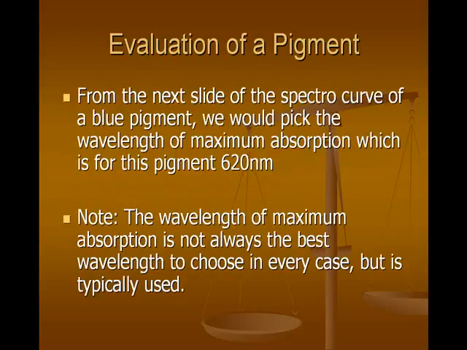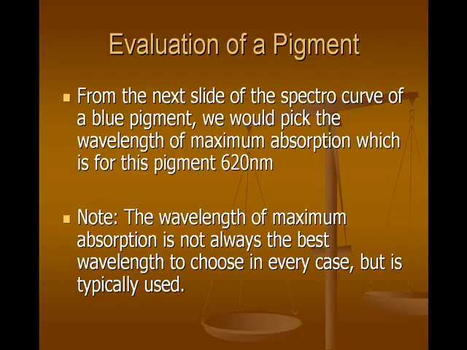From the next slide of the spectral curve of a blue pigment, we would pick the wavelength of maximum absorption, which is, for this pigment, 620 nanometers, to make our calculations at. Now one note, the wavelength of maximum absorption is not always the best wavelength to choose in every case, but it is typically the one used.